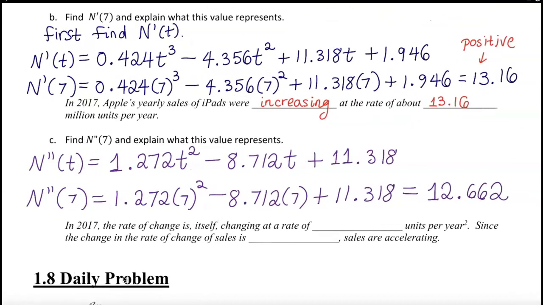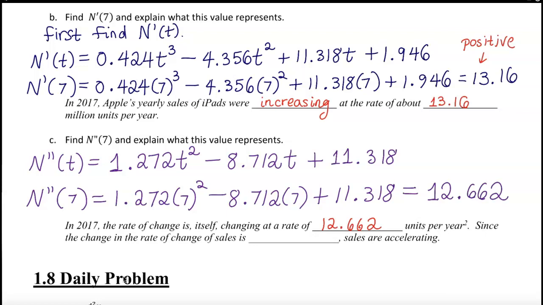Because the first derivative meant that their sale is increasing at that speed. So let me read this. It says in 2017, that's t equals 7, the rate of change itself is changing at a rate of 12.662 units per year squared. So this means their sale is accelerating. This is a positive number, so it's a good thing for them.